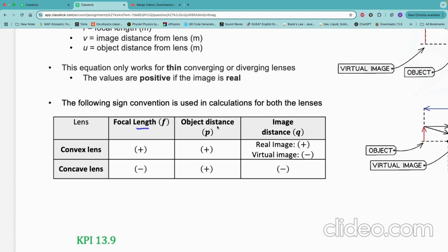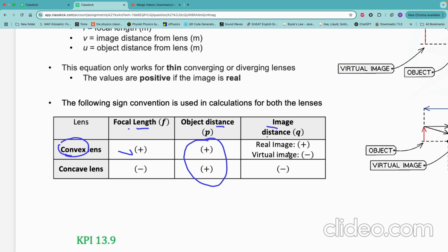All lengths are measured by either centimeter or meter. We don't care about converting units, but the main important thing is the sign of the length. For convex lenses, focal length has to be positive. Of course, the object in both lenses has to be positive. No doubt of this.